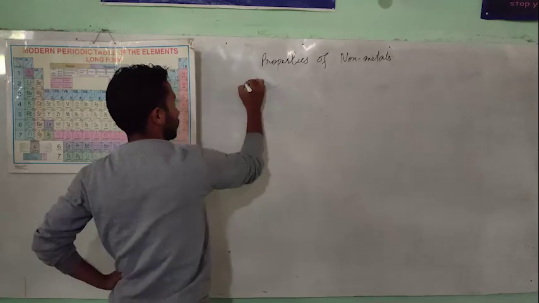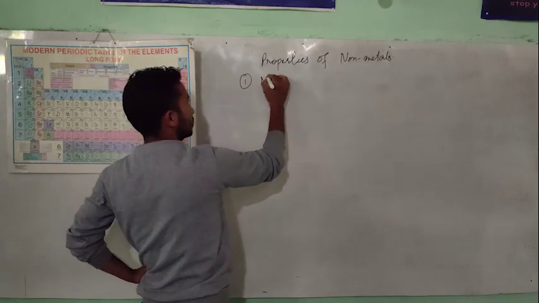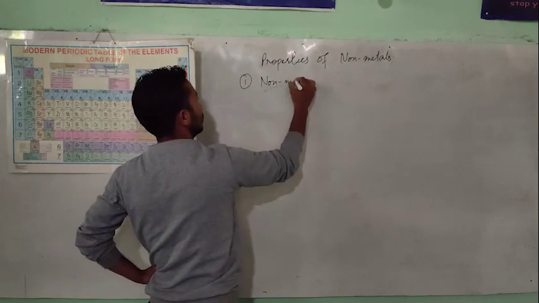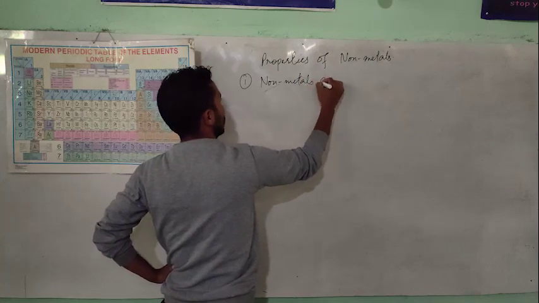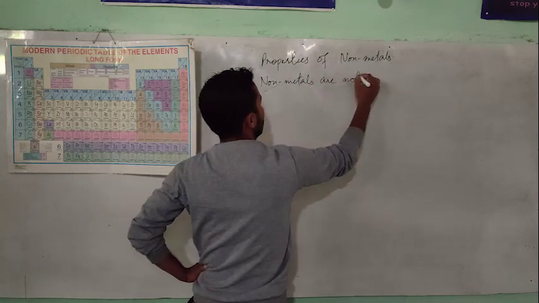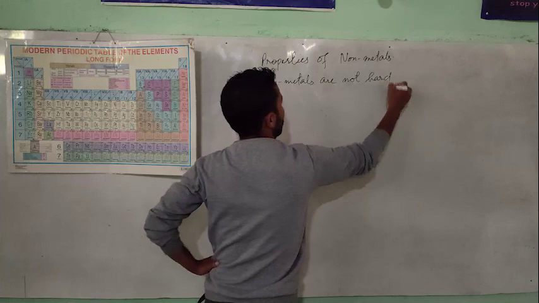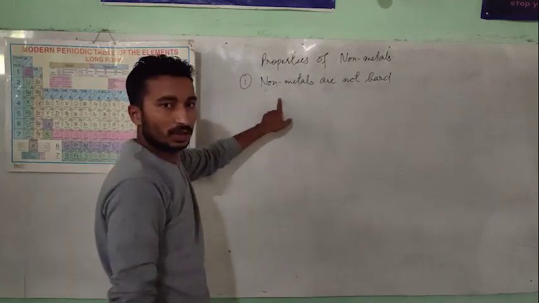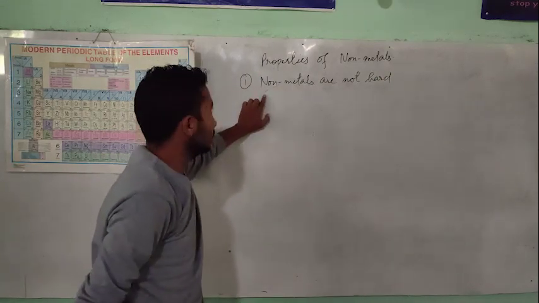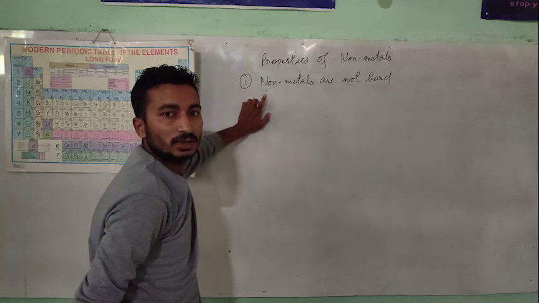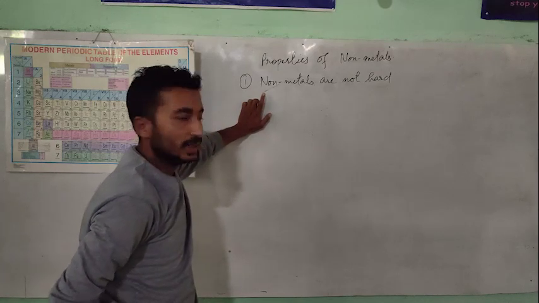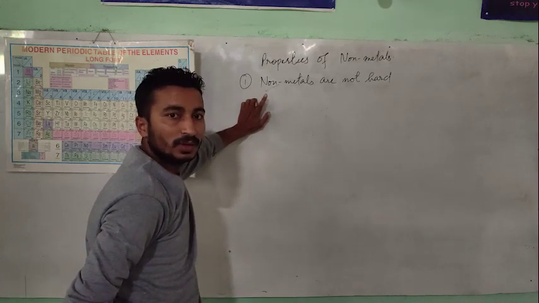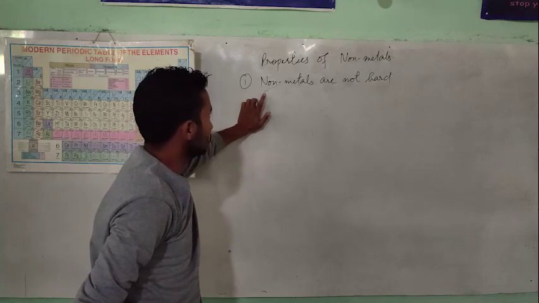First, property number 1. Nonmetals are not hard. Nonmetals are not hard because most of the nonmetals do not exist in solid state. Most of the nonmetals exist in gaseous state. Because of that, we say nonmetals are not hard.